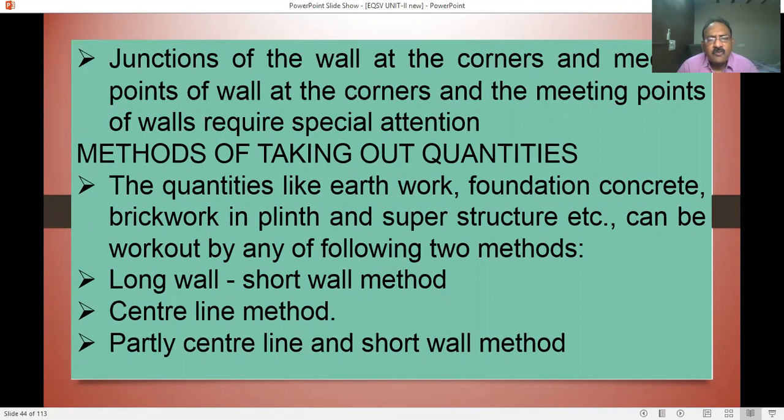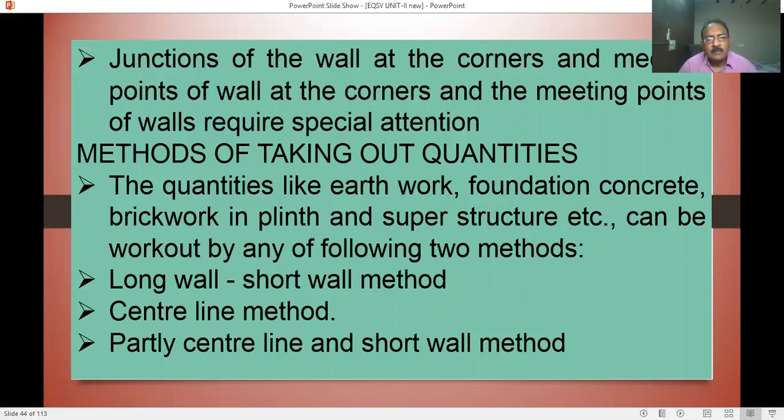But if there are different types of walls, different types of cross sections, at the junctions you have to take care. First one is at the junction, you have to deduct. I will explain in figures in the next slide how to concentrate on junctions.